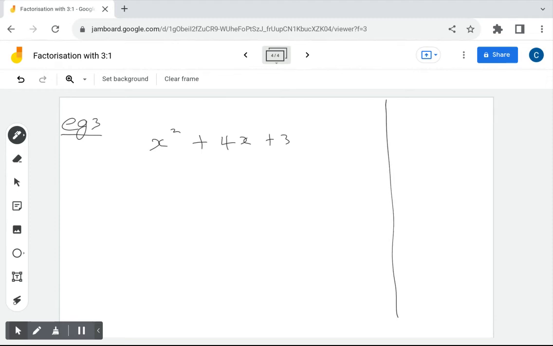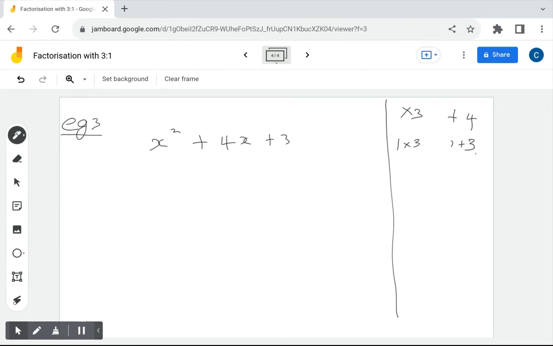We need to get two numbers: when we multiply, we get 3, and when we add, we get 4. So 1 multiplied by 3 will give you 3, and 1 plus 3 will give you 4.